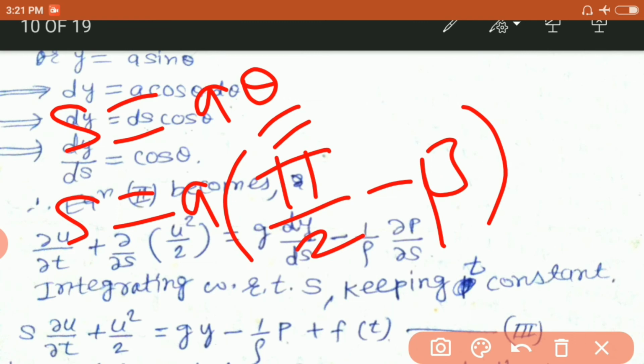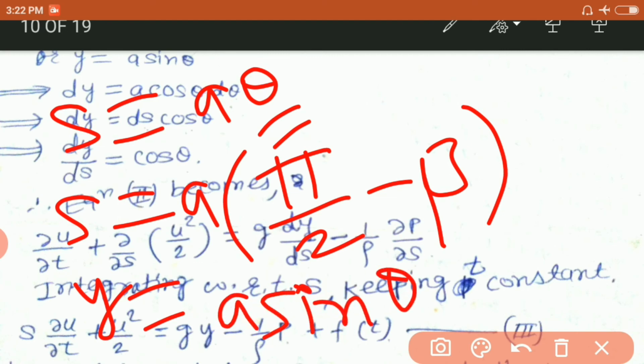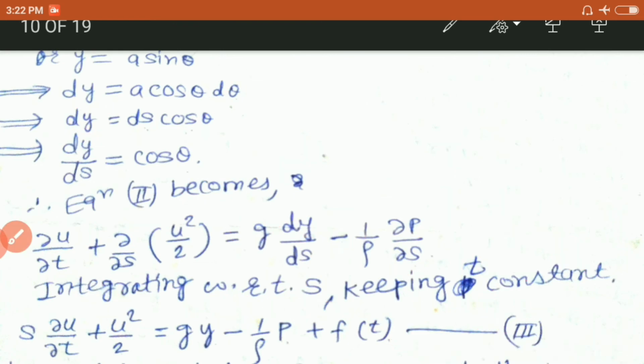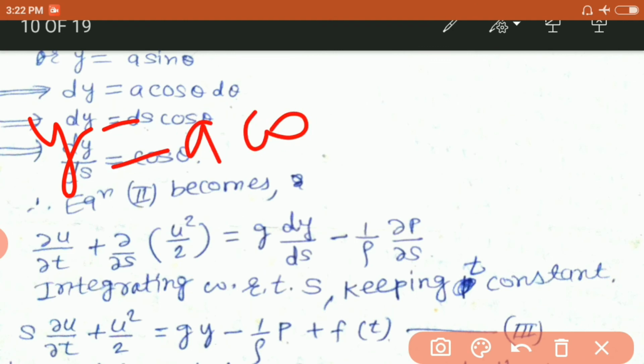And y is equal to a sin theta, so y is equal to a sin of pi by 2 minus beta. And therefore this can be written as y is equal to a cos beta.